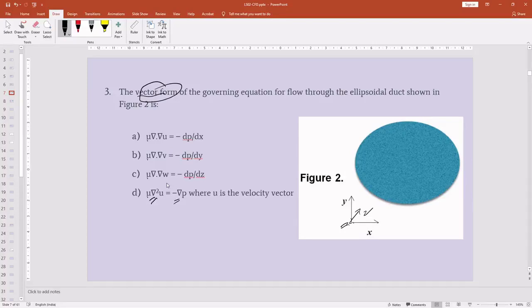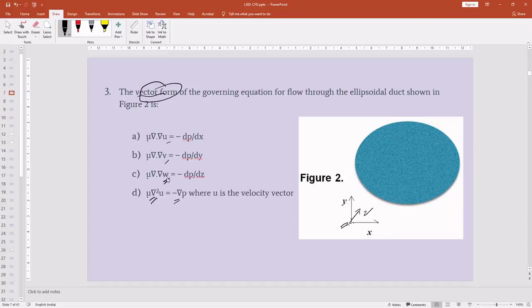Sorry, you will be going with this option here because here u is given, here v is given, here w is given. So if you are thinking the flow should happen in that direction, so it should be in w, that is the z component of velocity.